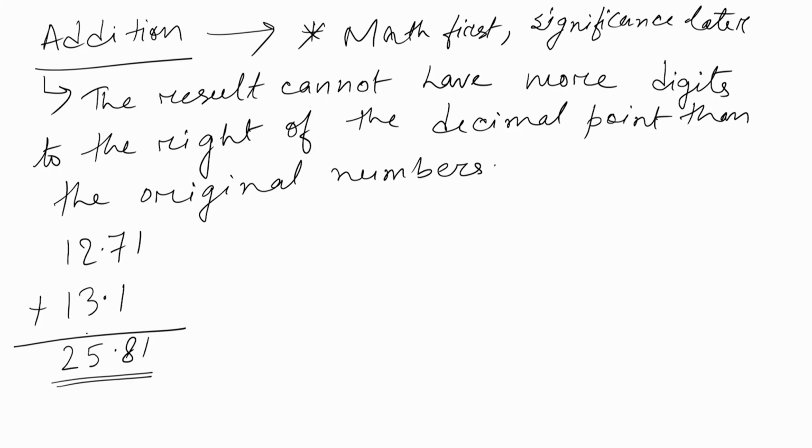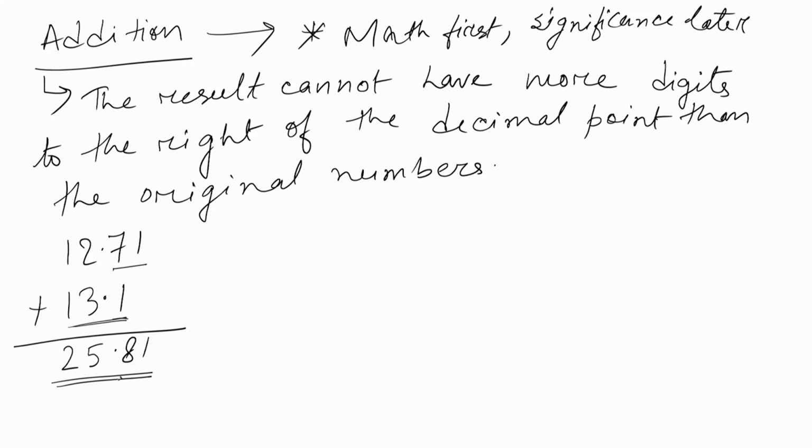Okay. So we will have to see the number with the least digits after the decimal point. This has 2 digits after the decimal point, but this has only 1. So we will have to decide by this number. So the result should have only 1 digit after the decimal point.